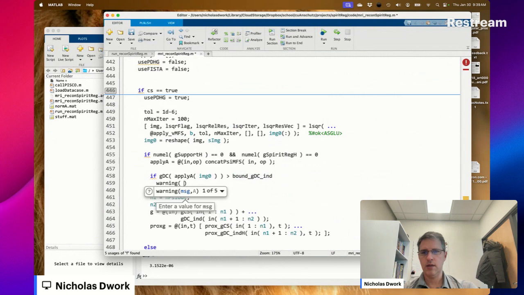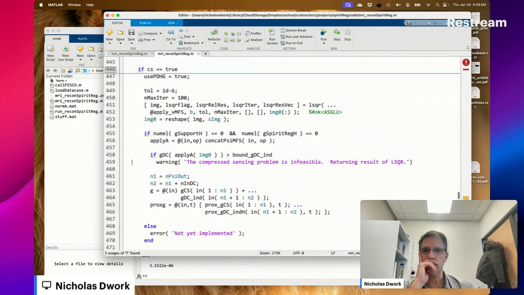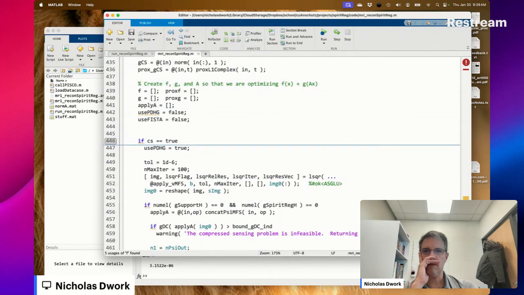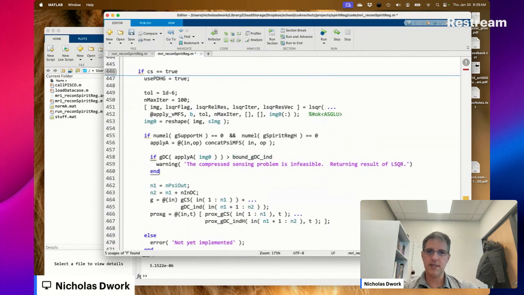Warning: the compressed sensing problem is infeasible, returning LSQR result. Really what I want to do is, instead of doing this, okay, I got it.